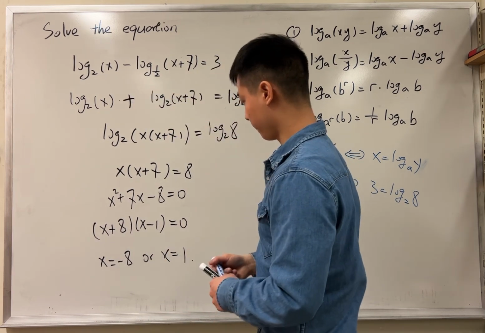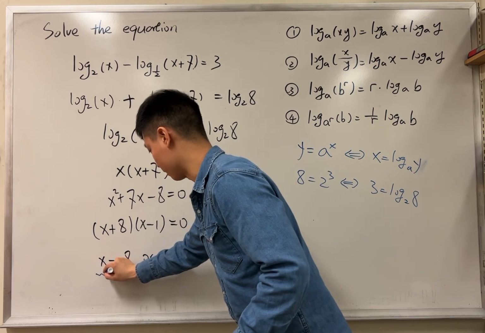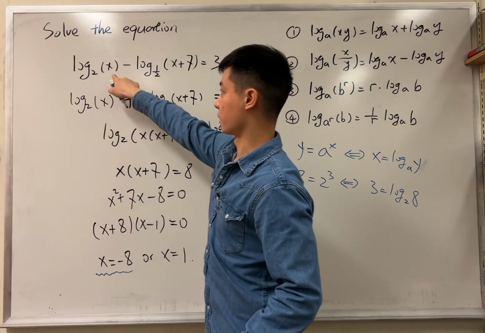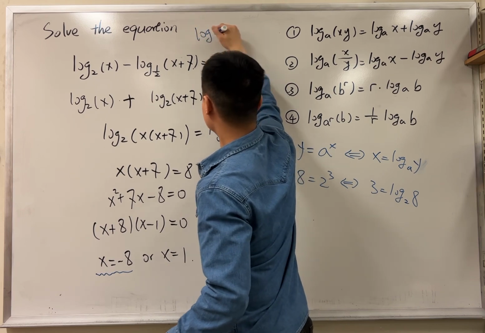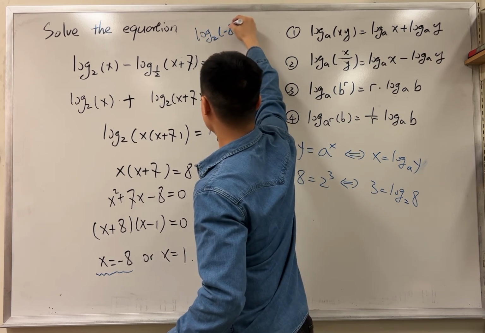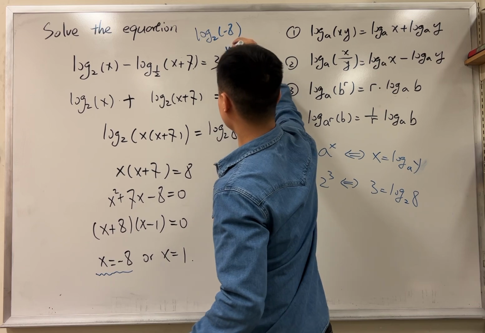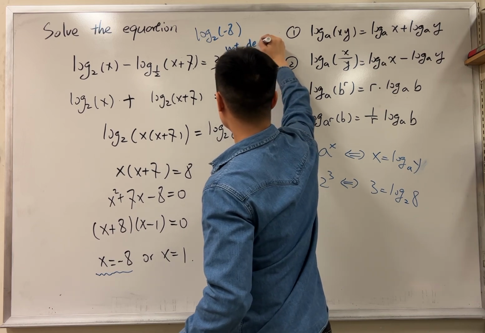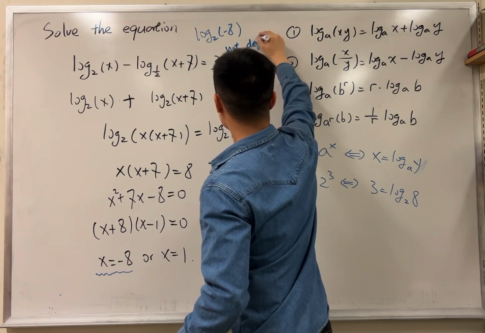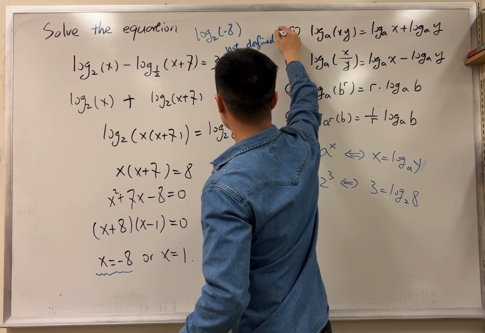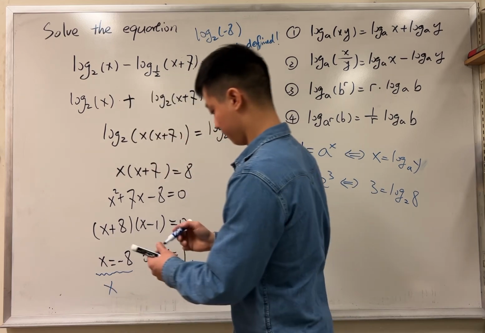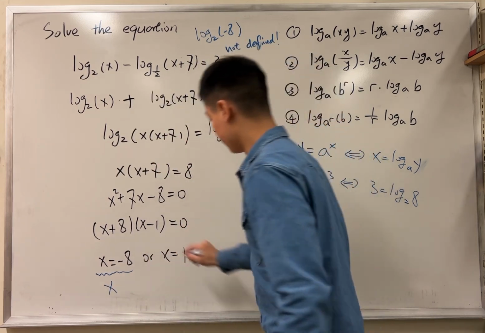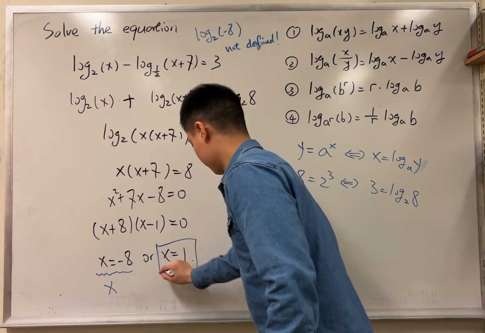For example, when we plug this x equal to negative 8 to this expression, we're going to have log base 2 of negative 8, which is not even defined. Okay, so we have to discard this solution for that reason, and then we only keep this one.